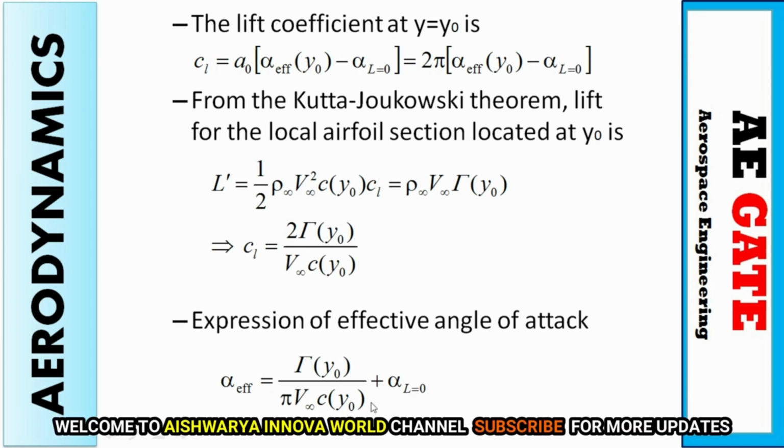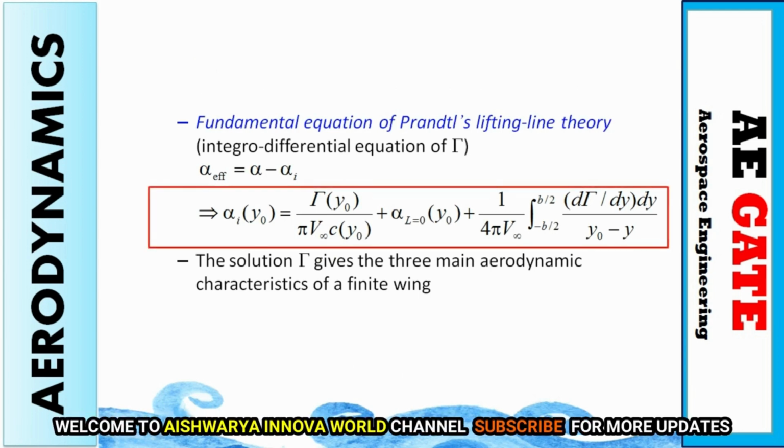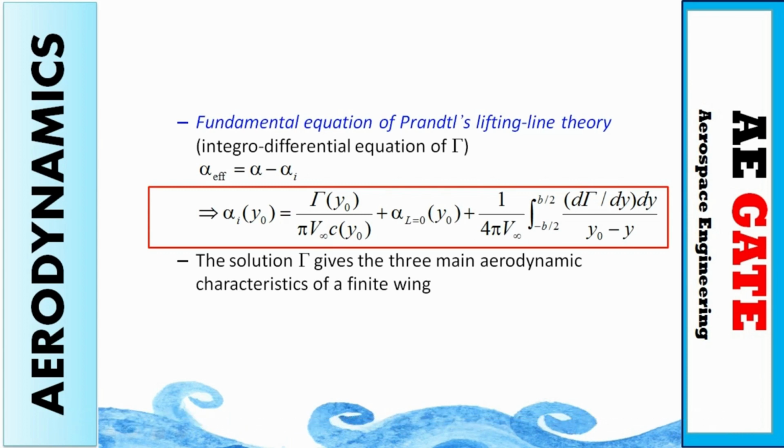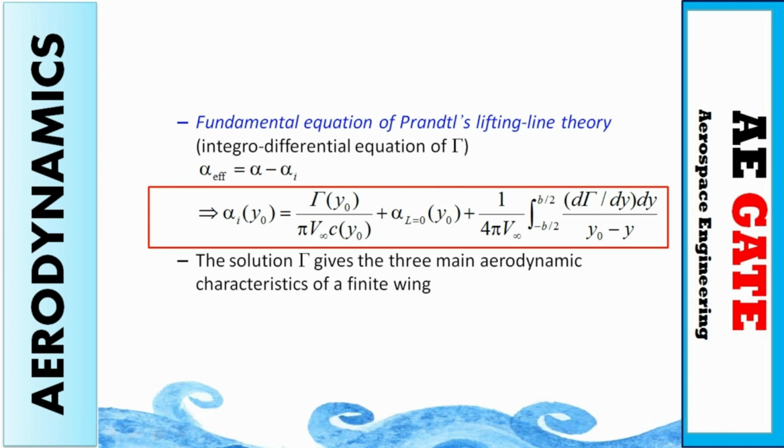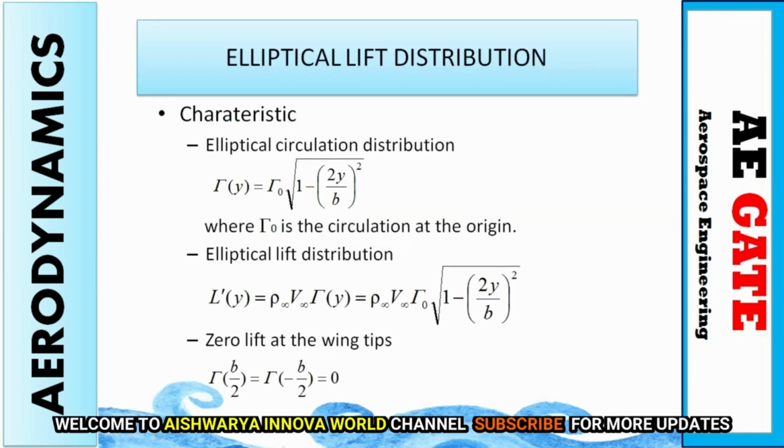And from there we can rewrite the equation as this. This is an integral form of the fundamental equation of Prandtl's lifting line theory. Mainly the solution gives us 3 aerodynamic parameters for a finite wing.